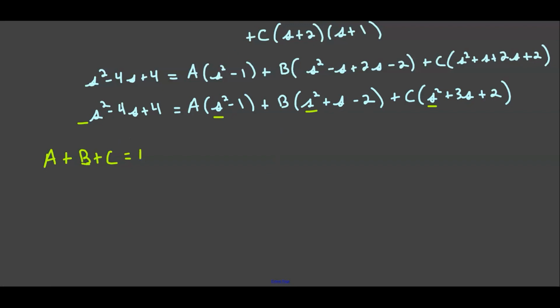And then what about the s terms? I don't have an s term here, but if I add the coefficients of the s terms, that's got to equal -4. So I've got b plus 3c has to equal -4.